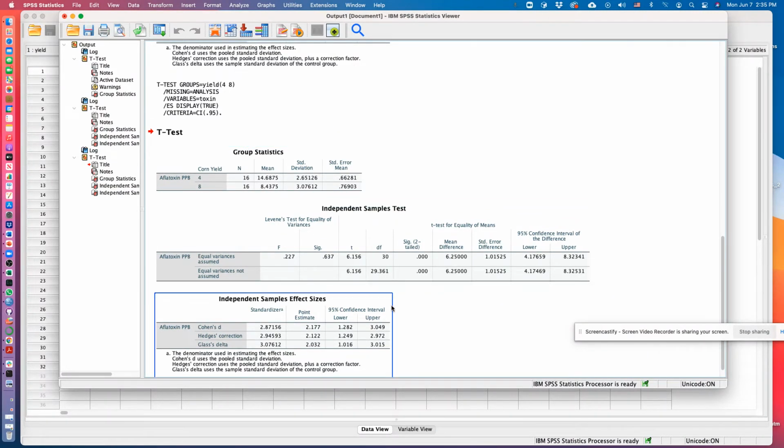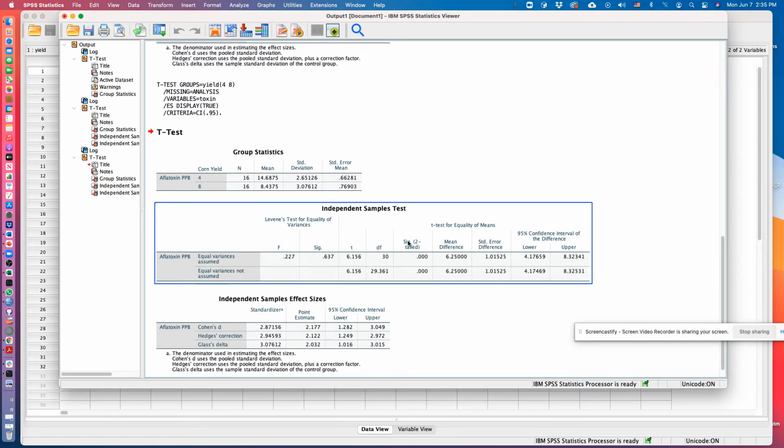And so the first thing you want to pay attention to is this middle table, the significance, or the two-tailed test, right? So the two-tailed meaning we're looking for whether they're larger or smaller. We haven't chosen a direction. We're just comparing. And so here we see this significance value, or p-value, is less than 0.05.